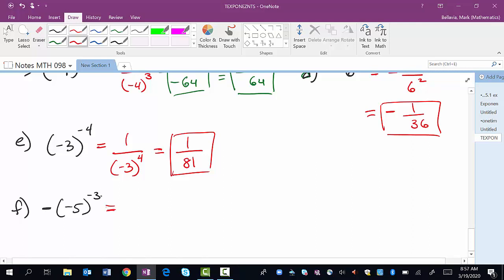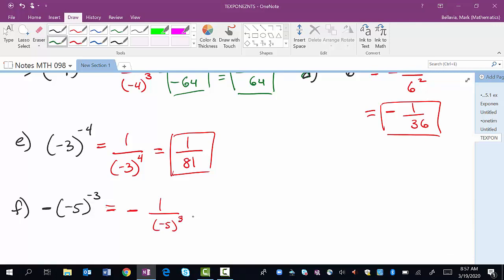This negative in front is not acted on by that exponent. So the negative out in front, remember, stays out in front. The base here we said is negative 5, because that's what's being raised to the power. So we're going to have 1 over, because the negative exponent tells you to write it as 1 over, and the base is still negative 5 in parentheses, raised to a positive 3 power.